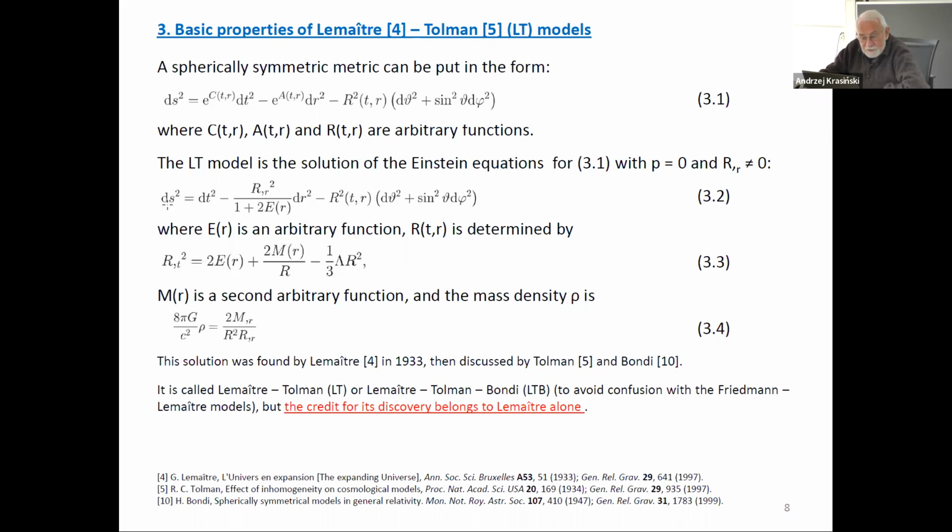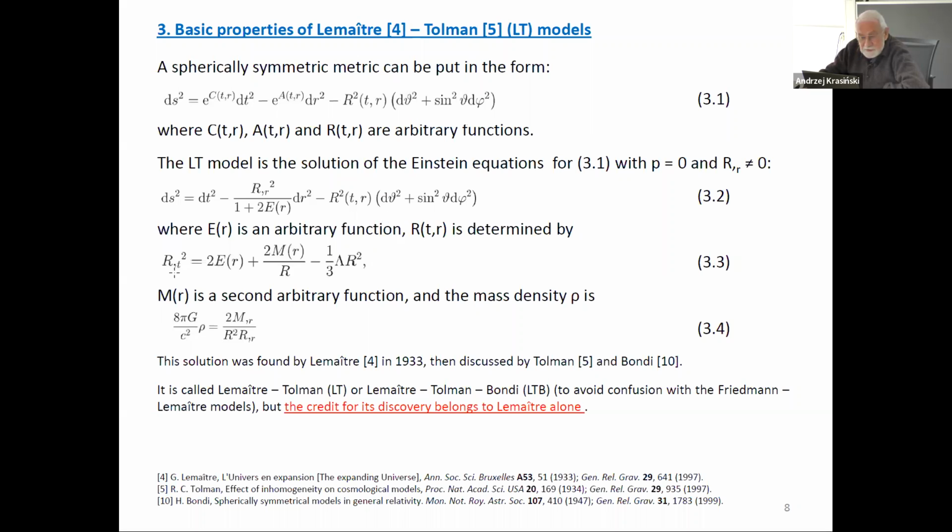And after the Einstein equations are solved, this metric here emerges. E is an arbitrary function of small r. It appears as an integration constant during solving the equations, and the function big R is determined by this equation here.